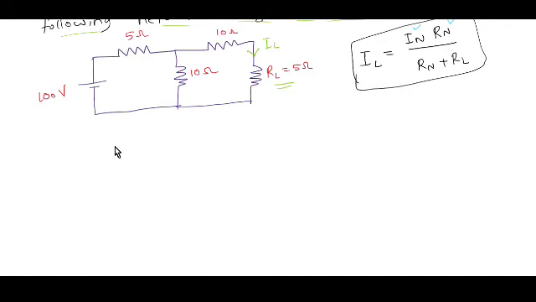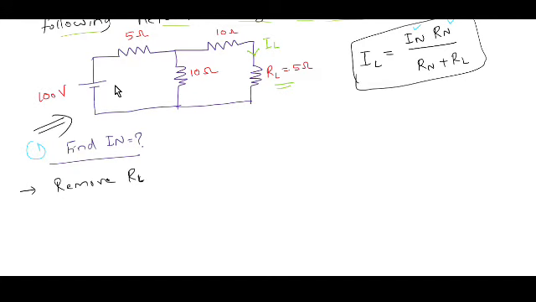Now first our aim is to find IN, the Norton current. For this, the first step is to remove RL, the load resistance, from the given circuit. Then we can redraw the picture like this.